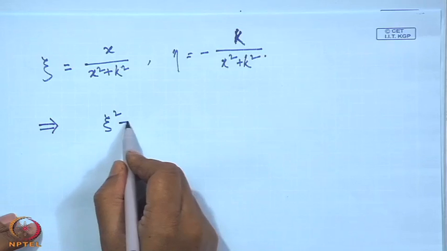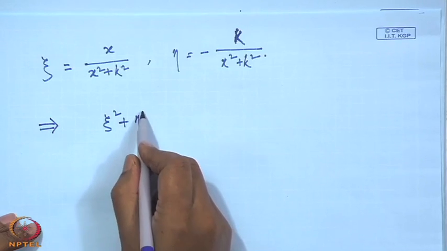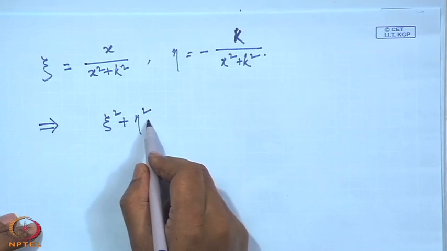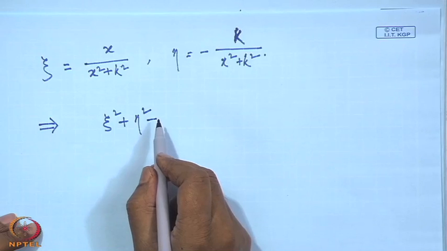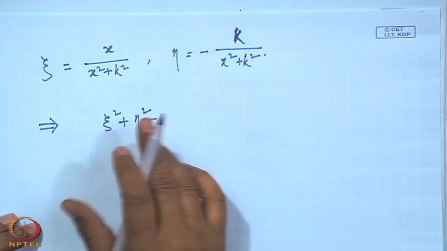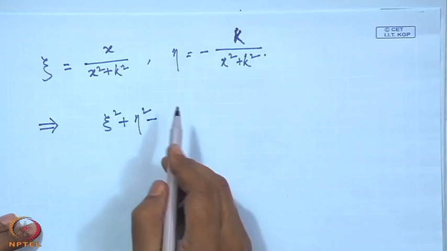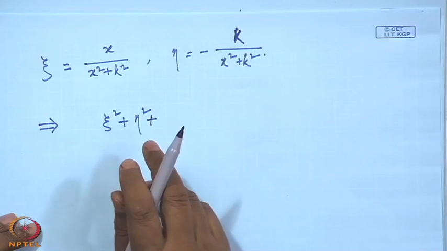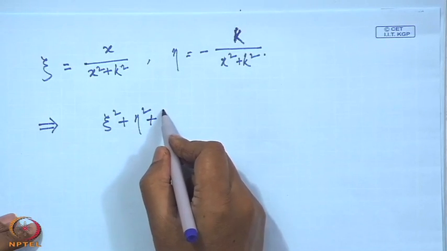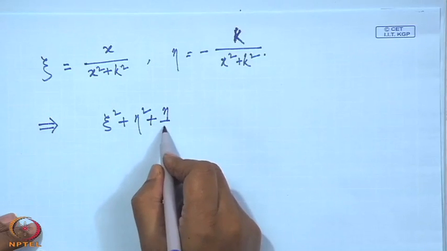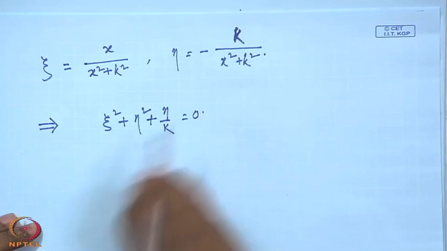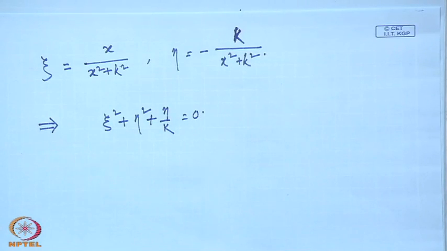xi square plus eta square plus... what is it? Hyperbola?